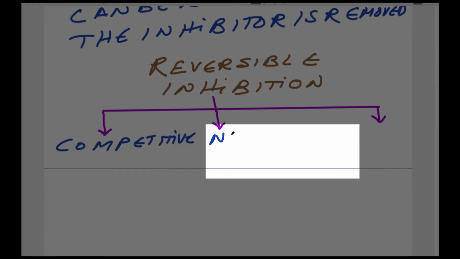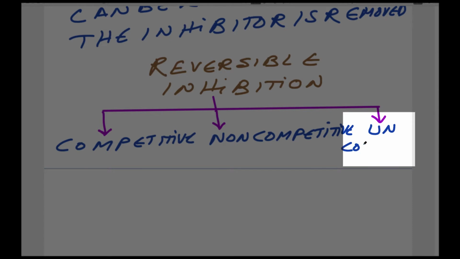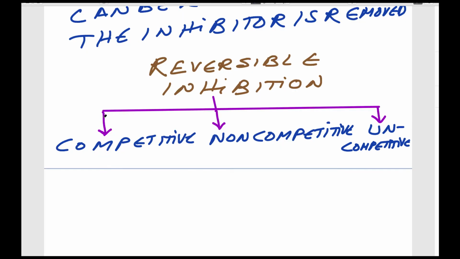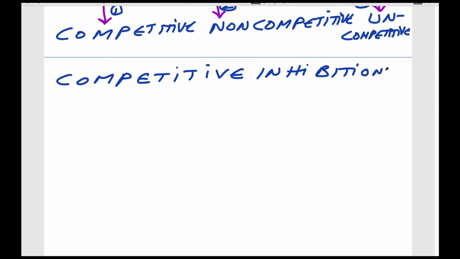The next one is non-competitive. The third one is uncompetitive. These are the categories of reversible inhibition. Let us take up the competitive inhibition. In the next session, we'll take up the non-competitive and uncompetitive.